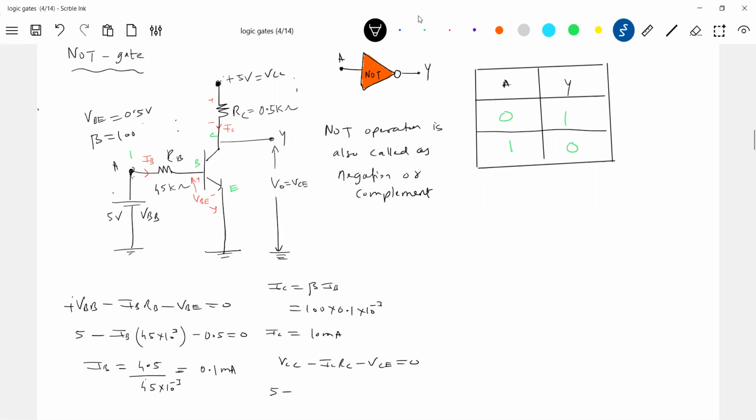VCC is 5, IC is 10 into 10 to the power of minus 3, RC is 5 kilo ohm. That is 0.5, correct, no? Yeah, this will be correct. How much are you getting? 0.5, no? Yeah.